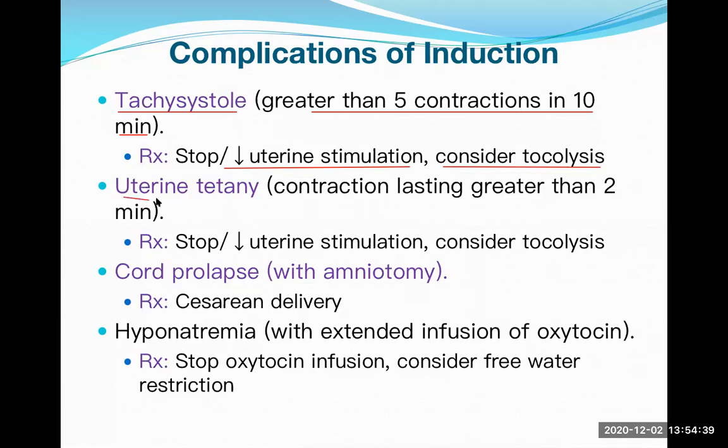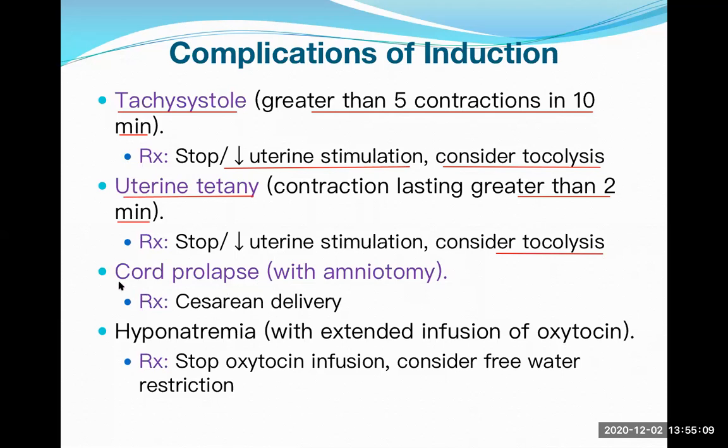Just relax the uterus by giving a tocolytic agent to tackle tachysystole. Another complication is uterine tetany. Now, tetany means prolonged spasm. The contraction lasts greater than 2 minutes, meaning each contraction lasts way longer than the normal. Again, there may be certain damage done to the baby. So stop the medicine which you are giving or decrease the uterine stimulation and consider tocolysis. Same type of management.